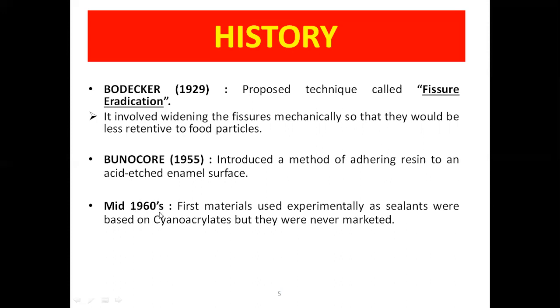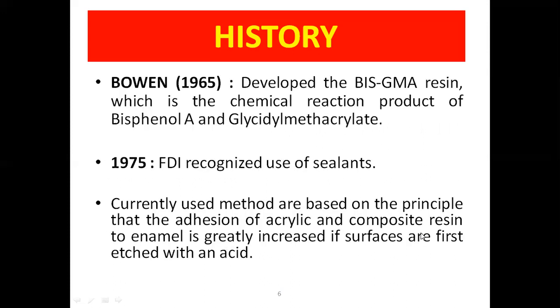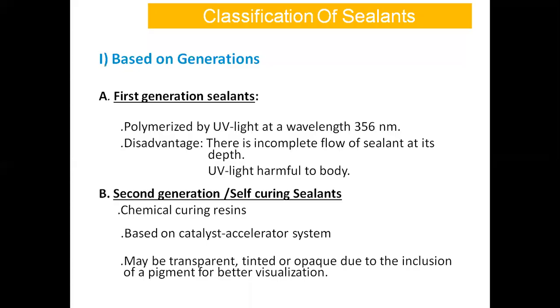Around the 1960s, the first material used experimentally as sealants was cyanoacrylate. Then in 1965, Bowen developed the bis-GMA resin, a chemical reaction product of bisphenol A and glycidyl methacrylate. This material was recognized by the FDI in 1975. So this is all about the history of pit and fissure sealants.